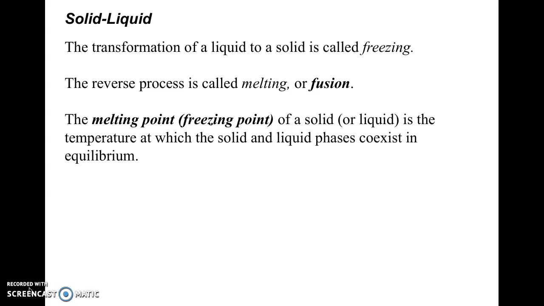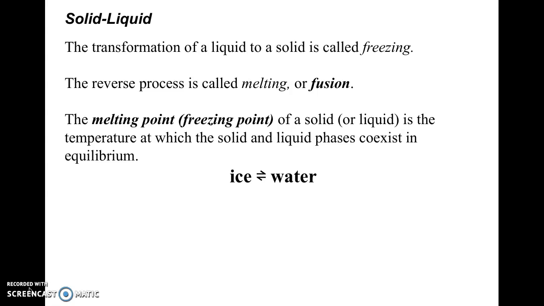The thing to think about is a glass of ice water. The ice and the water are coexisting at that melting point, or you can call it freezing point, which is 0 degrees C. So whenever you have a glass of ice water, whether it's in the winter or in the summer, that glass of ice water is always going to be at 0 degrees C.